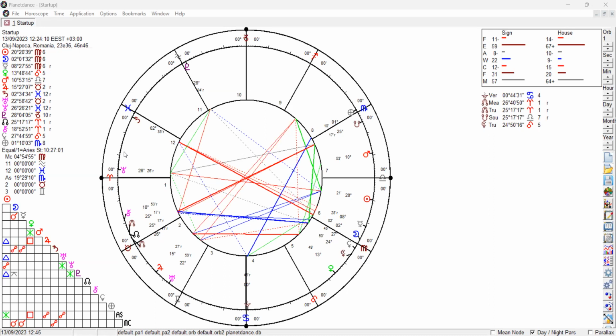Neptune. Now, Neptune is the divine source. But that divine source says that everything in life is just an illusion. Our perceptions give us the illusion of reality.